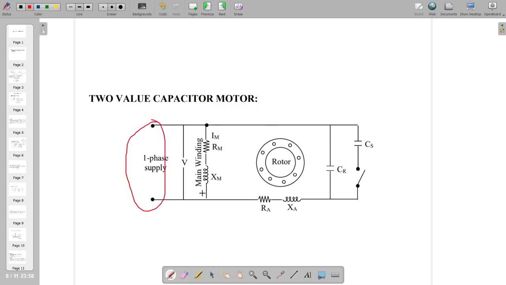These are the main field windings. A capacitor is connected in series with the auxiliary winding itself. A centrifugal switch is connected in parallel with the stator, and an external capacitor is connected. This capacitor is basically used at the time of starting. The other capacitor continues to stay connected in the running condition itself.